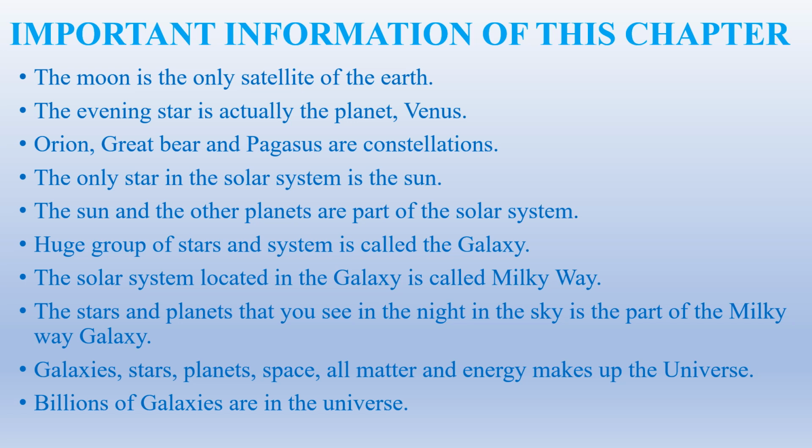The stars and planets that you see in the night sky are part of the Milky Way galaxy. Galaxies, stars, planets, space, all matter and energy make up the universe. There are billions of galaxies in the universe.